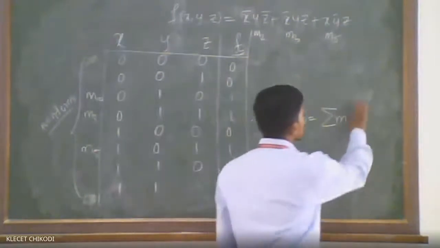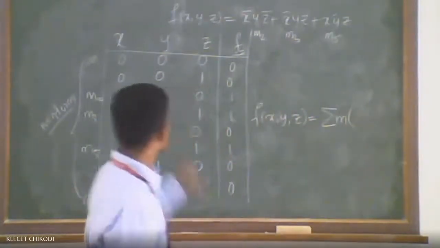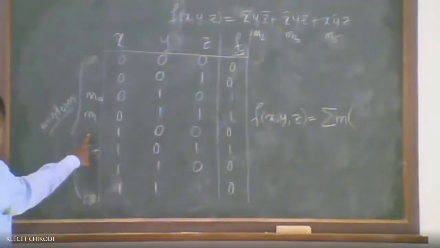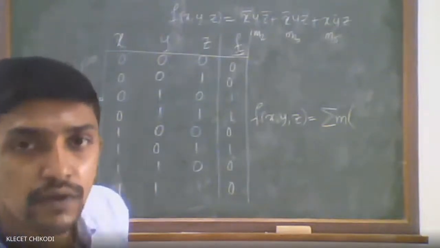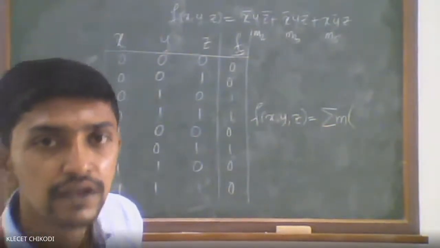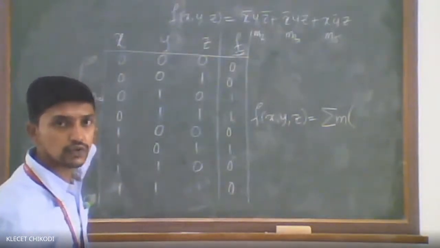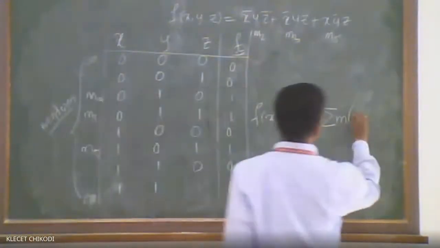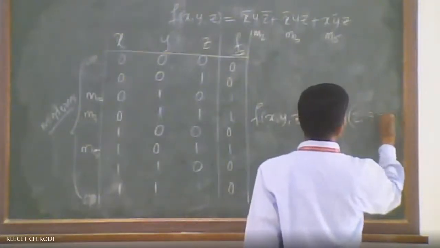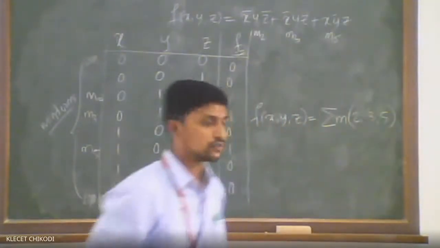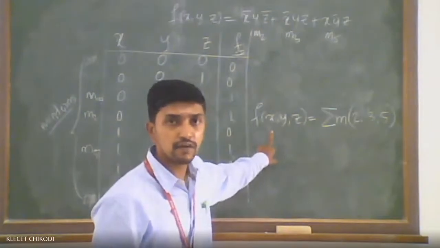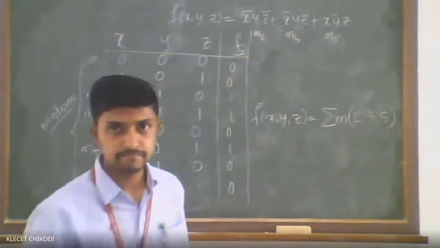And after that, whatever the min term numbers are available, you have to take the specific number. So min term numbers are 2, 3 and 5. Just you have to write this 2, 3, 5. So this is the canonical form for this one.